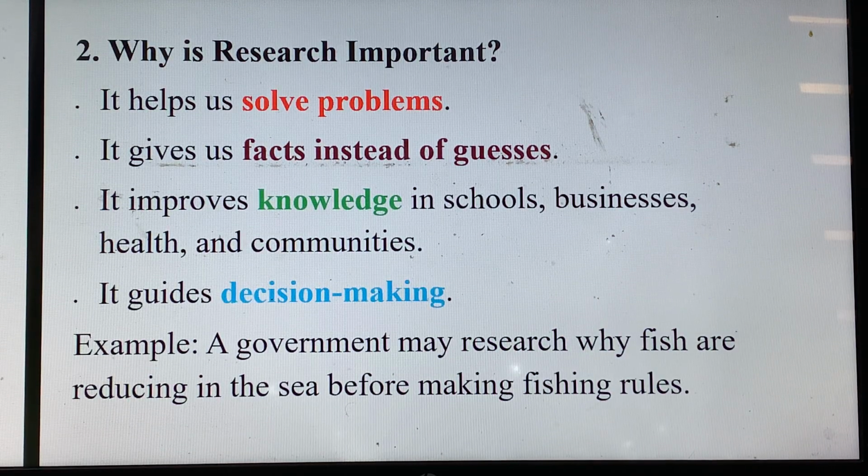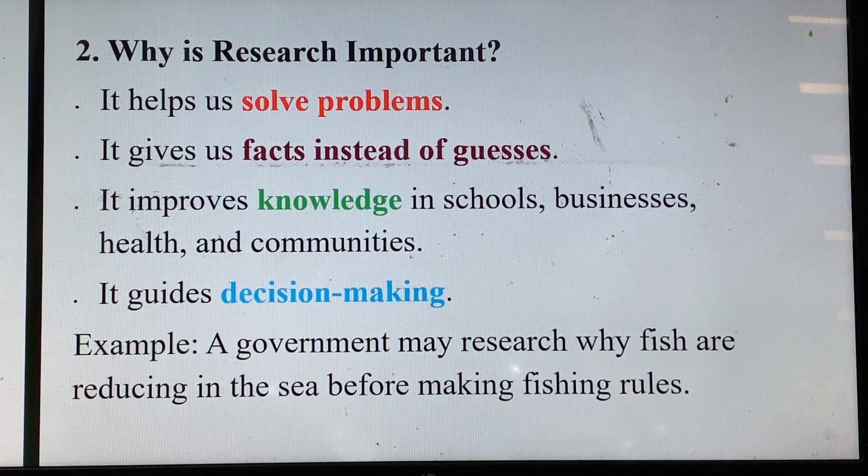So why is research important? Research is important because it helps us solve problems. The fundamental importance of research is to aid in solving problems, and this problem can be a real world problem or a theoretical problem. So when there is a problem, first of all, you have to identify the problem.